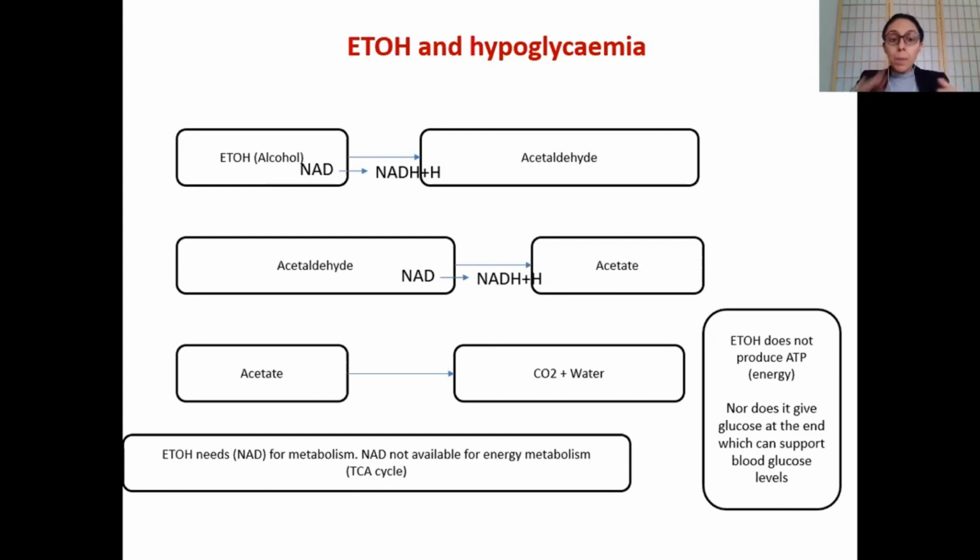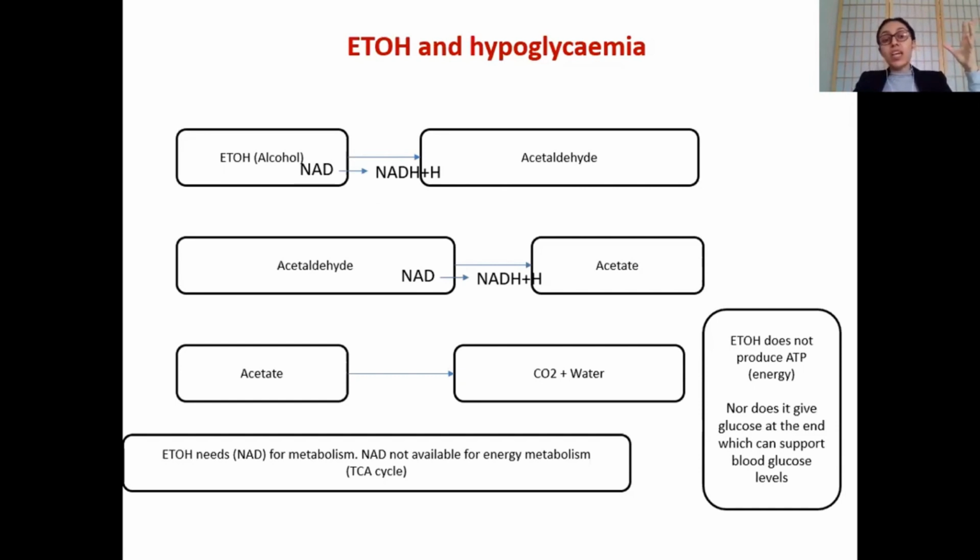Moreover, alcohol is taking the NAD. If you look at the tricarboxylic acid cycle, the TCA cycle, the Krebs cycle, for the body to generate ATP you need NAD in the TCA cycle. But NAD is not going to the TCA cycle. Why?